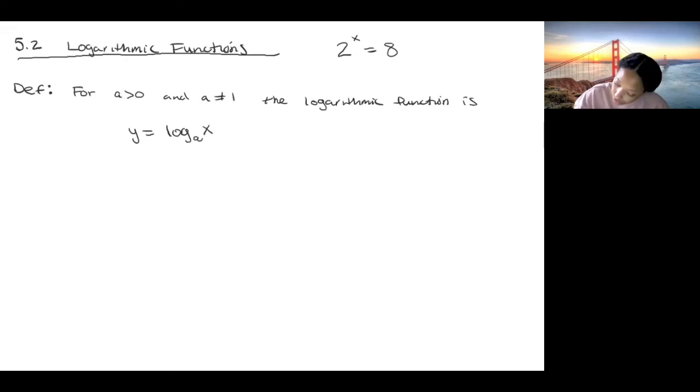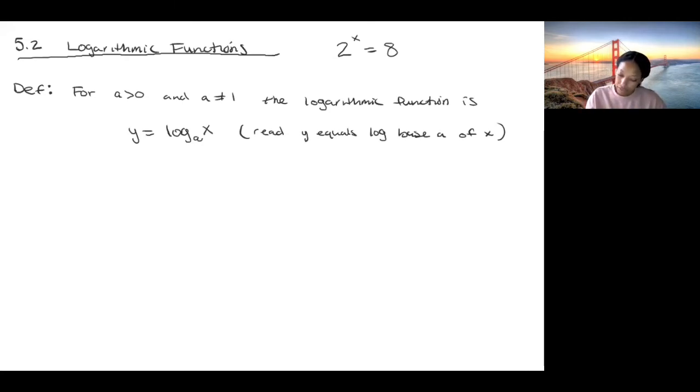So this is y equals log base a of x. This is not log of a to the x power. Not that, not that. It's log base a of x.